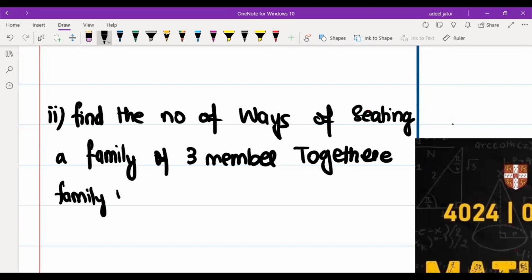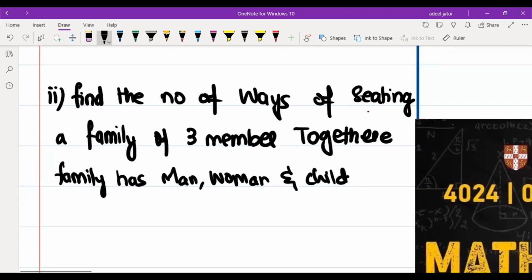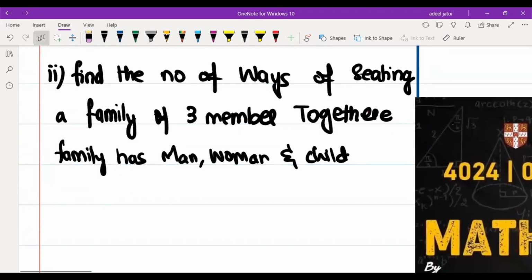Family has men, woman, and child. Find the number of ways of seating a family of 3 members together. Family has men, woman, and child on 7 chairs.